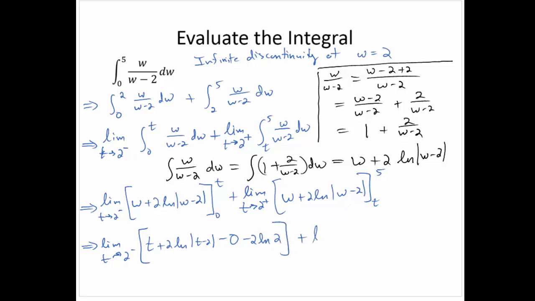Plus the limit t approaching 2 on the right. Substituting 5: 5 plus 2 natural log 3. Substituting t: minus t minus 2 natural log absolute t minus 2.